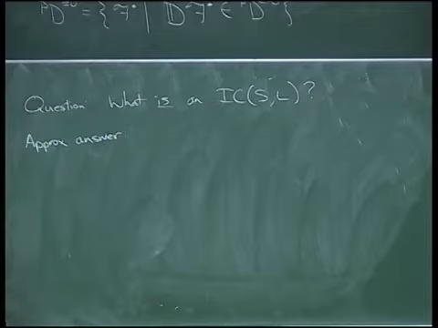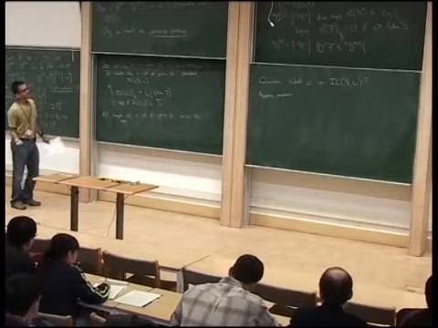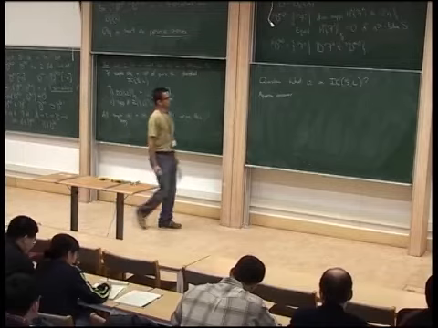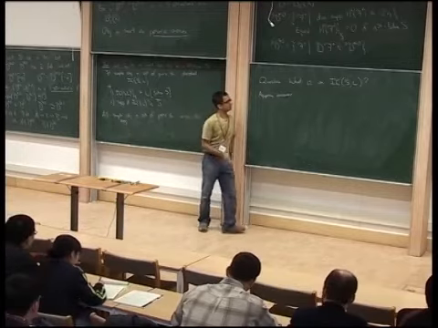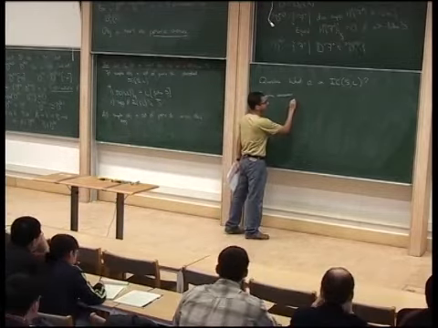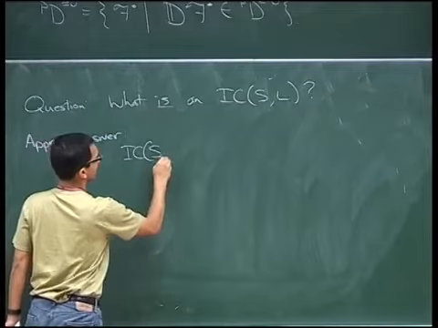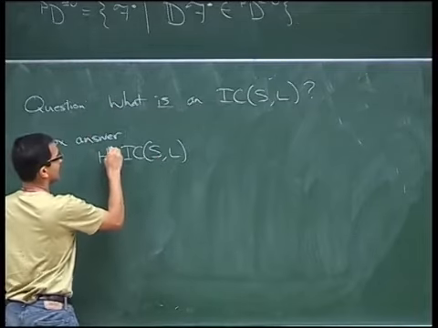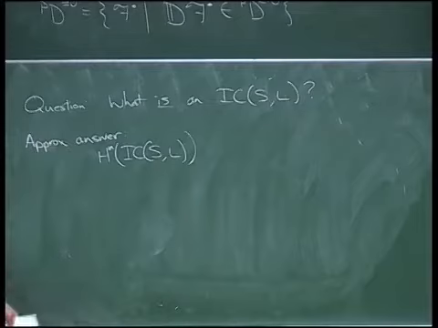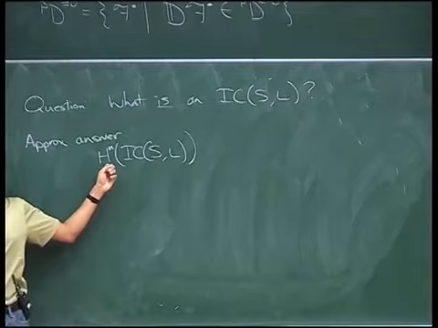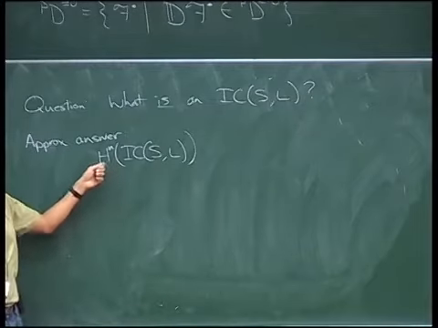And here's the kind of answer we're going to write down. So IC(S, L) is an object of D^b_c(X). So it's a complex of sheaves whose cohomology sheaves are all constructible. So if you take IC(S, L) and you take a cohomology sheaf of it, this is an example of mixing two different T structures.